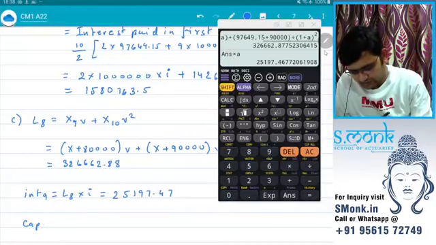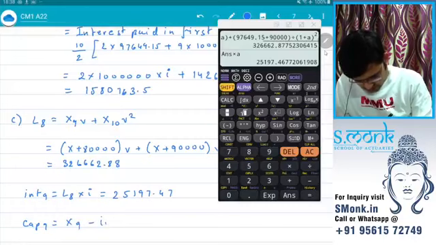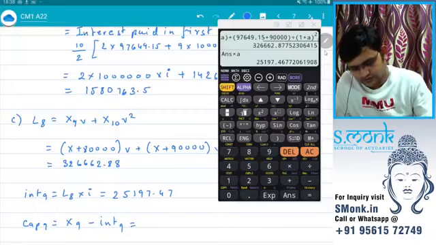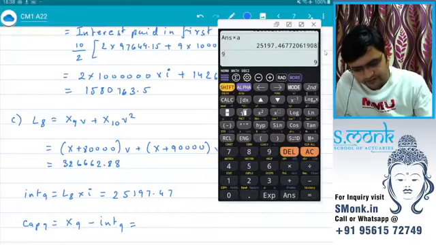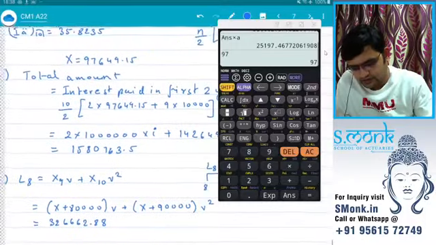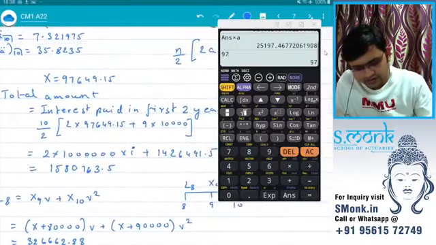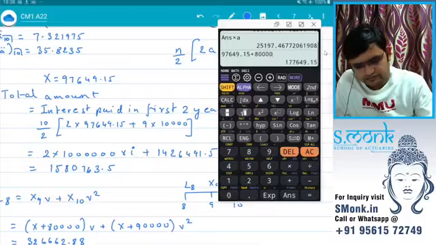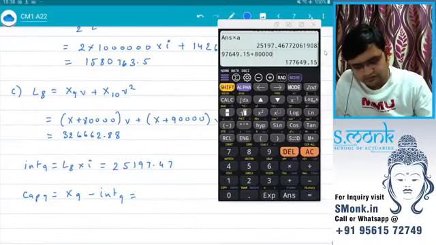Capital component of 9 will be, so interest component was, 97649.15 plus 80,000. Yes, answer.